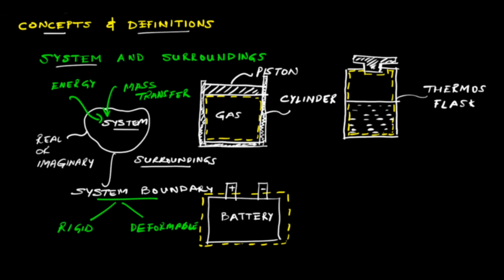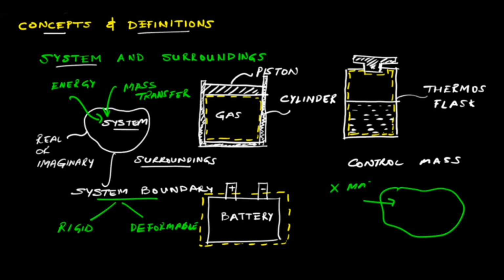For a particular case, when no mass transfer takes place across the system boundary, we term that fixed amount of matter enclosed within the system boundary as control mass. So a control mass system is a particular type of system where there is no mass transfer across the system boundaries, but there can be transfer of energy across the system boundary.